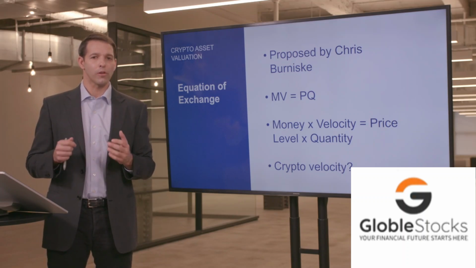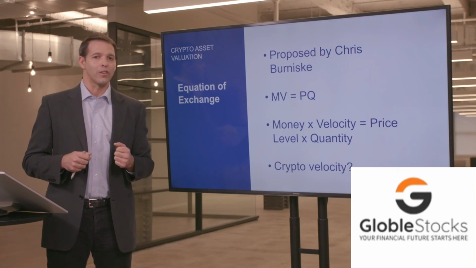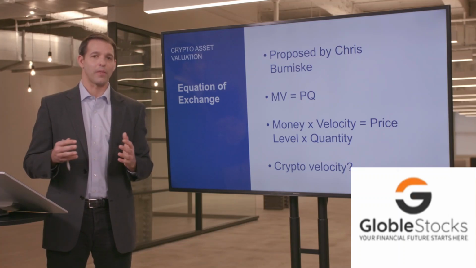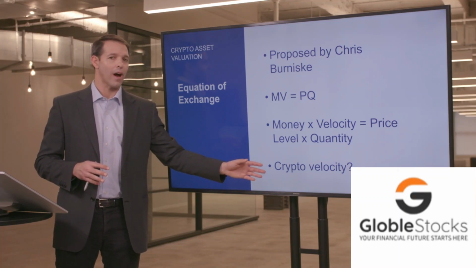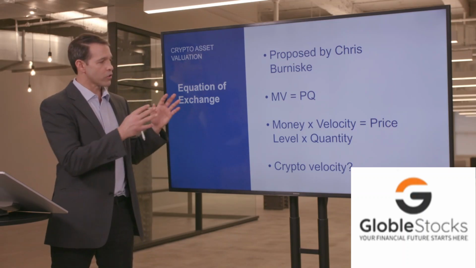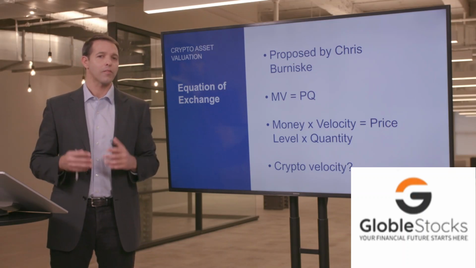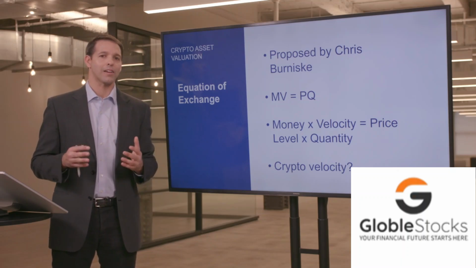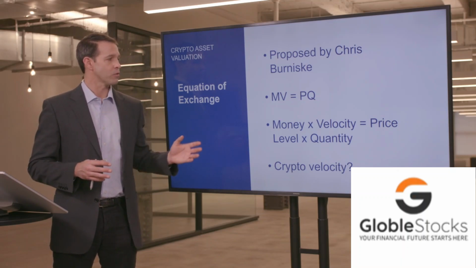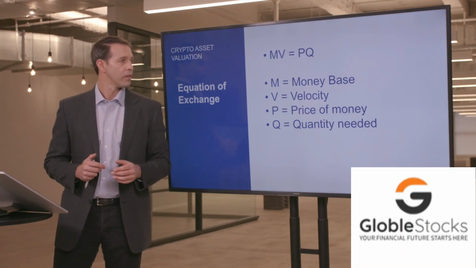Now, we know that with the dollar you can't spend it as quickly as you can spend things online in the digital space. So crypto velocity is not widely understood, and in order to use this equation of exchange, you have to make some pretty big assumptions. But let me walk you through this to see how it could possibly value how much a crypto asset is worth.